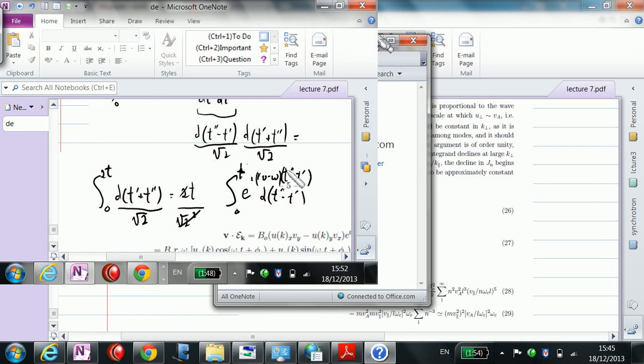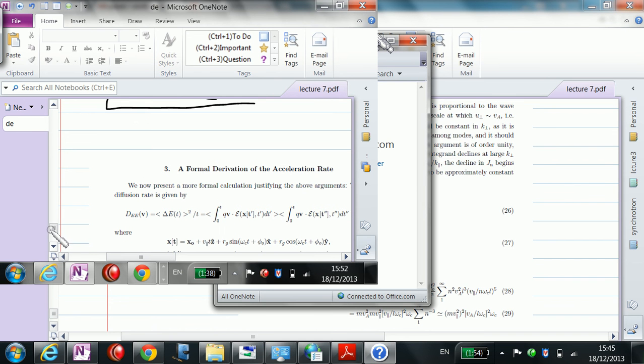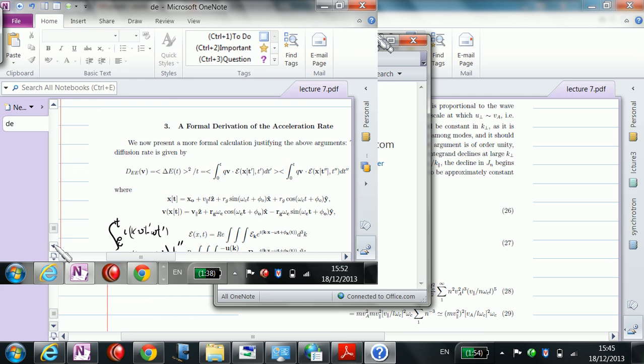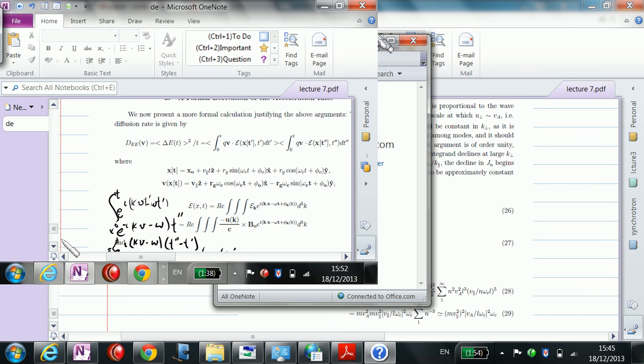Remember, I'm taking the ensemble average of this, and I should have made that clear. See, here there are brackets, and that means I'm going to assume that the correlation of the electric field between time t prime and t double prime doesn't last very long.